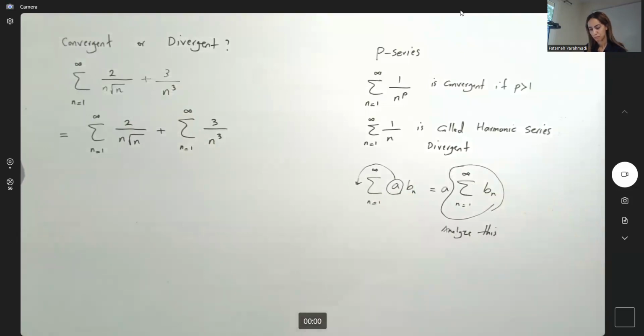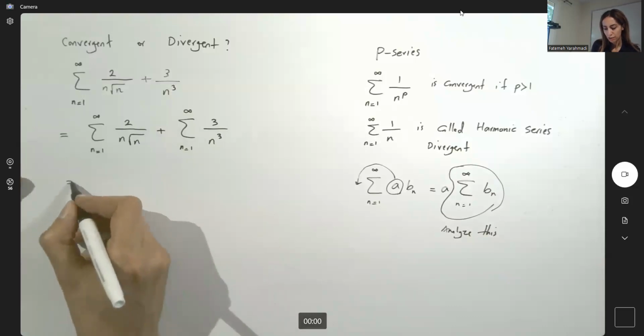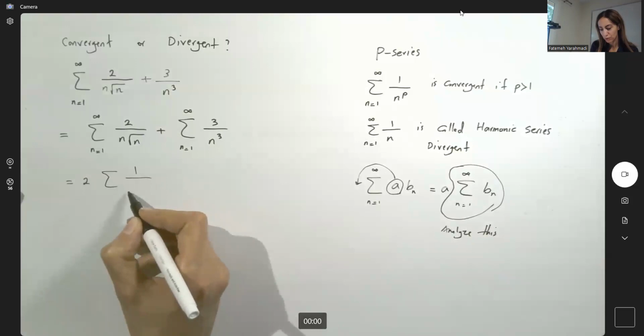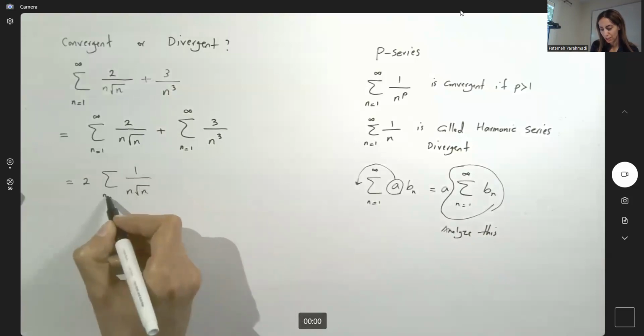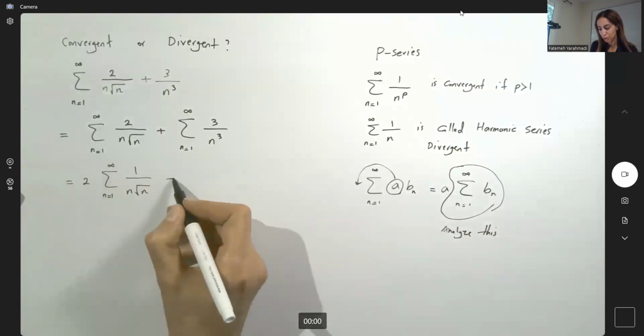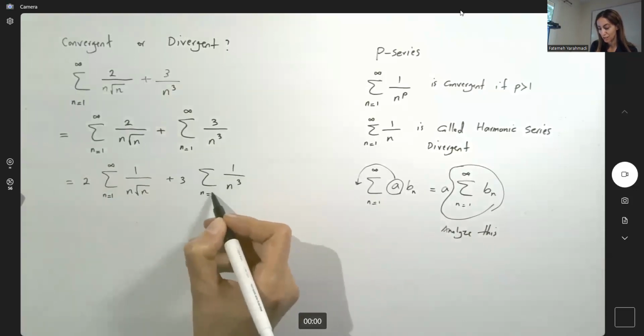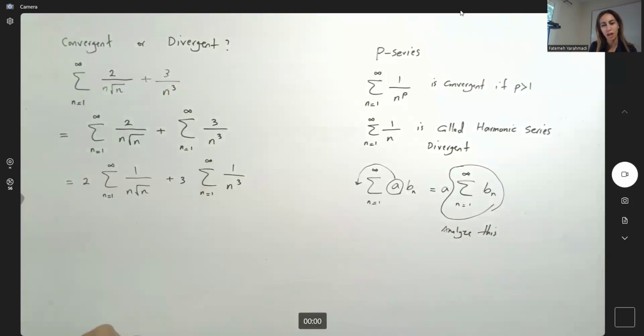So for this one here, we can write down 2 in front of the summation of 1 over n times square root of n, starting from 1, going to infinity, plus 3 times the summation of 1 divided by n to the third, starting from 1, going to infinity.